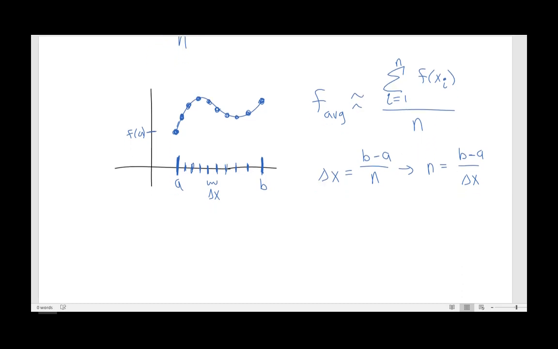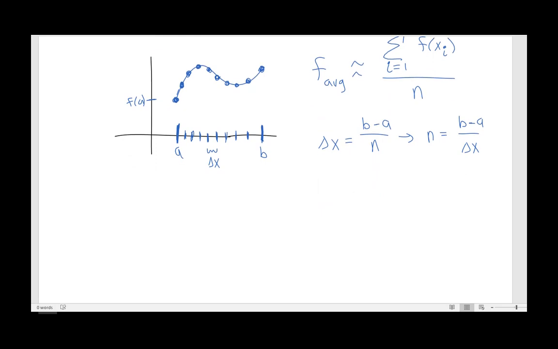And we're going to have that the average value of the function is approximately going to have the sum of all of the y values that we're using, the discrete number of y values, the n of them, and then my n is b minus a over delta x.